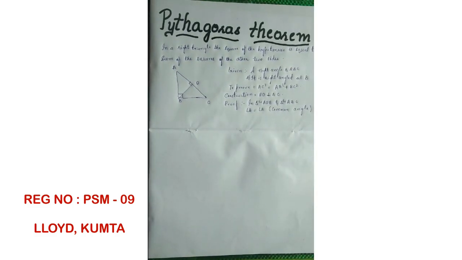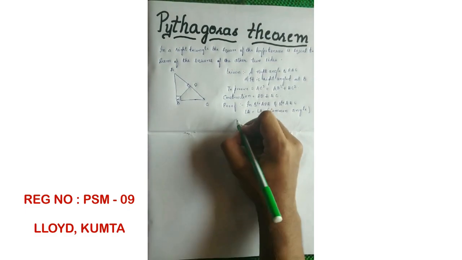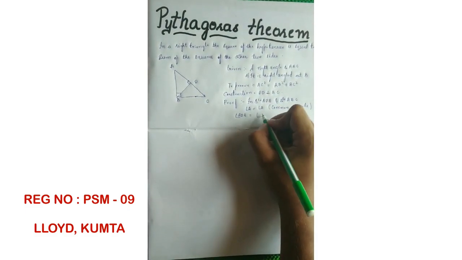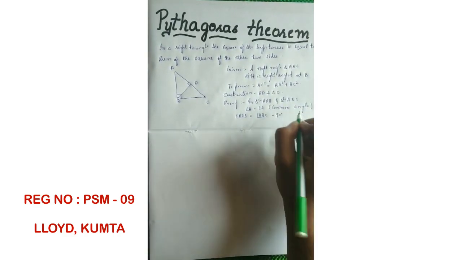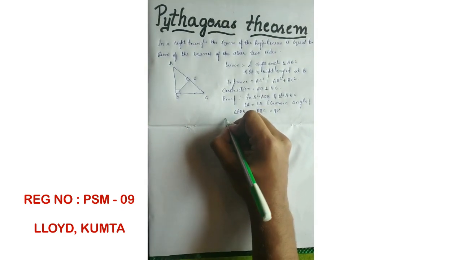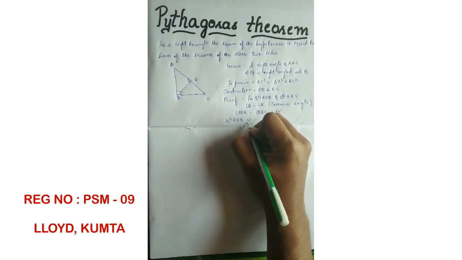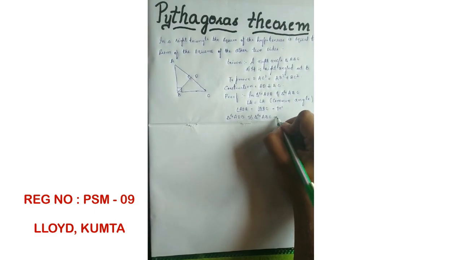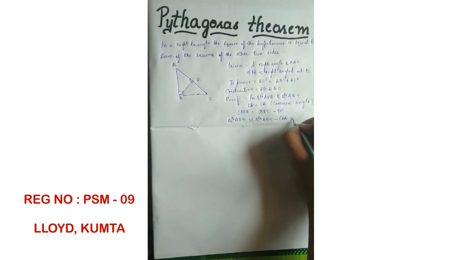Again, one thing we can say is that angle ADB equals angle ABC, that is 90 degree. So with these two properties, we can easily say that triangle ADB is similar to triangle ABC by AA similarity.